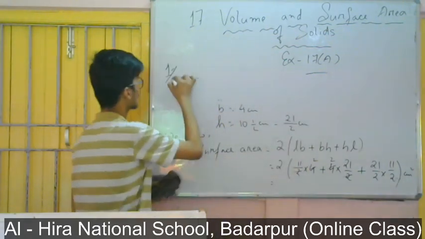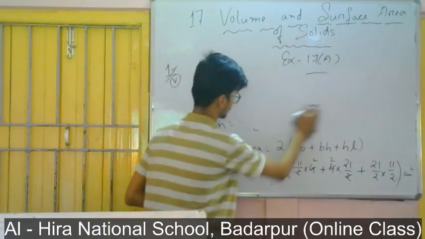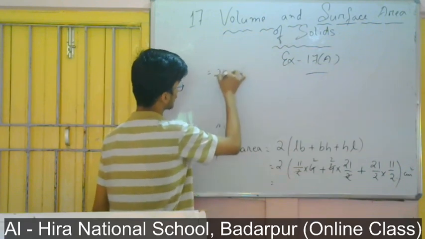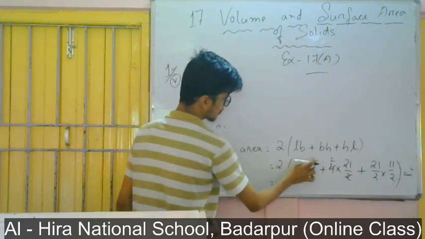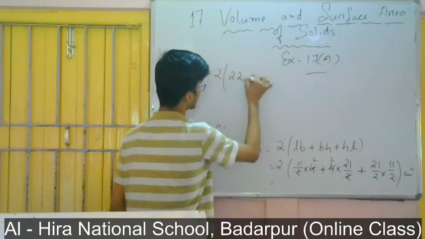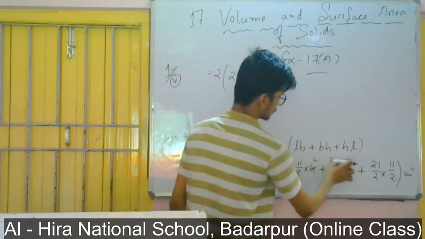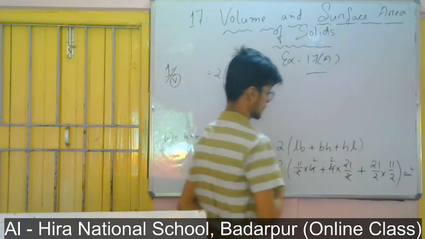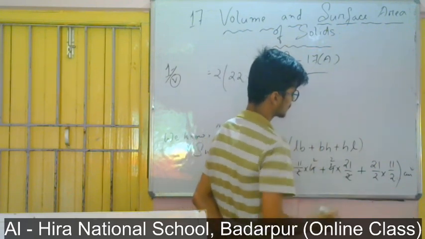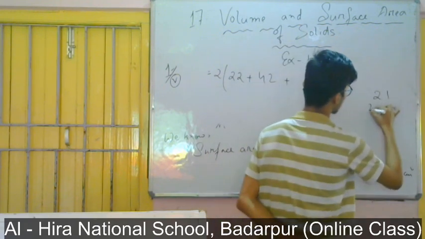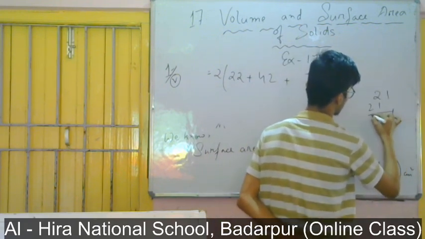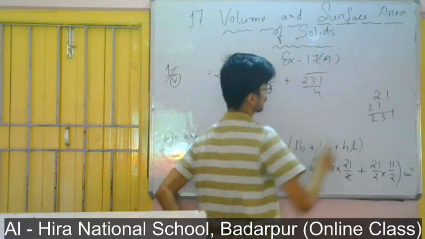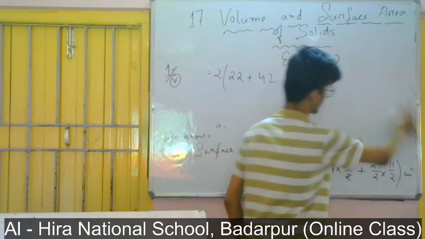After writing this one, there are only 2 left, so 2 into 11 is 22 plus 2 into 21, that means 42, and that side it is left 21 into 11, it will be 231 by 4.